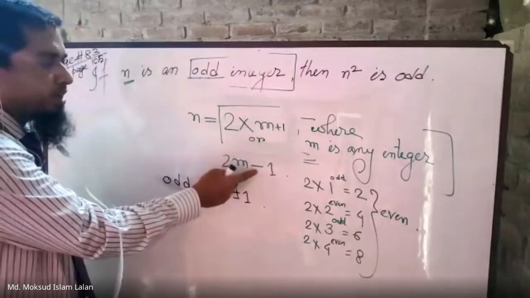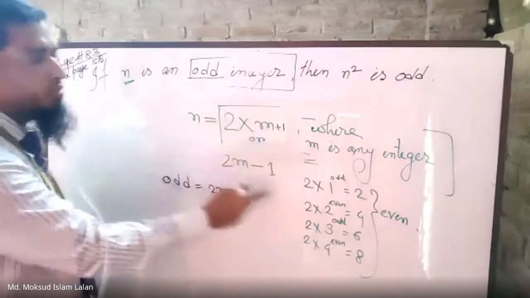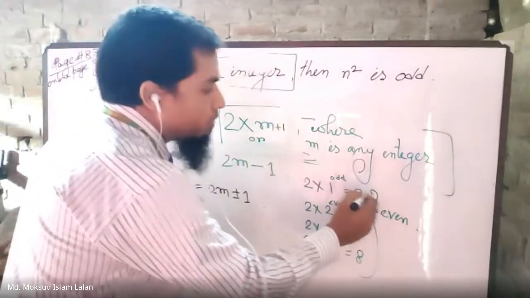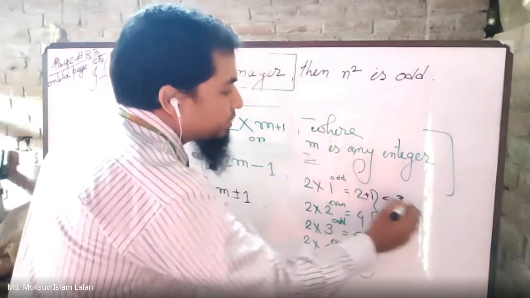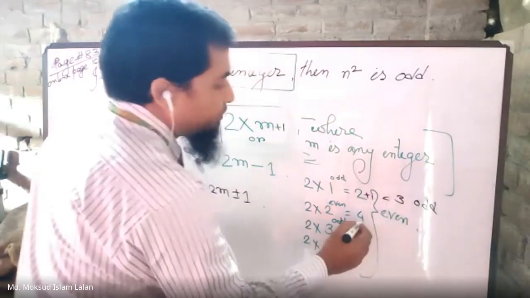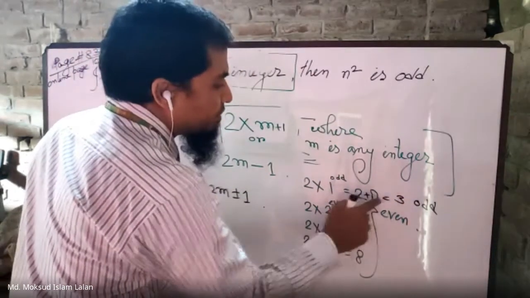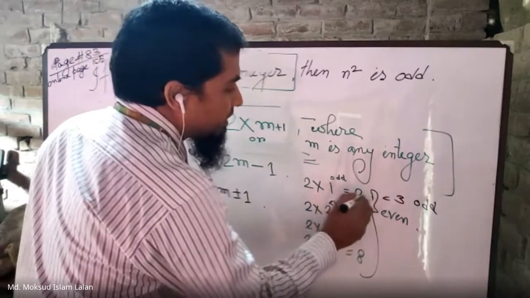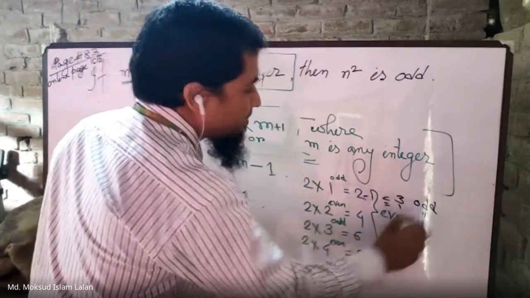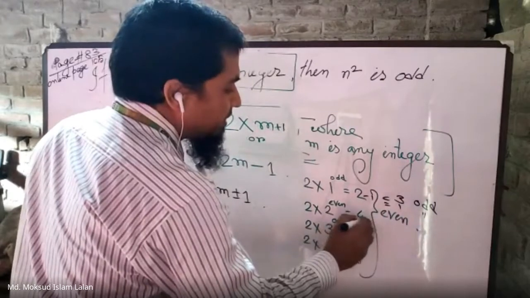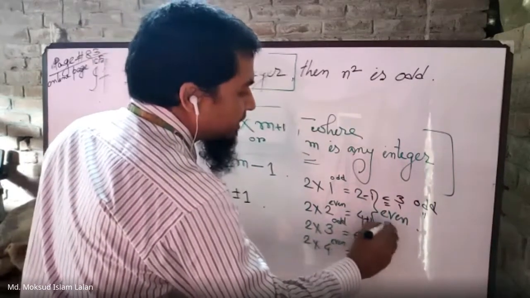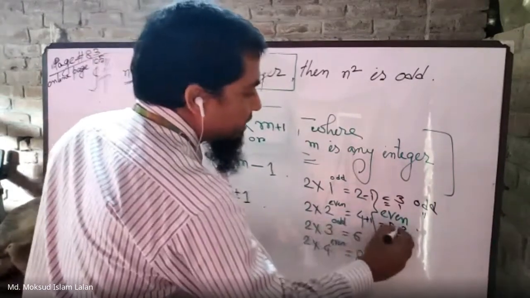If you just add or subtract 1 from an even number, say 2, if you add, the result is 3, which is odd. If you subtract, the result is 1, that is an odd number. For 4, if you add, it's 5, if you subtract, it's 3, also odd.